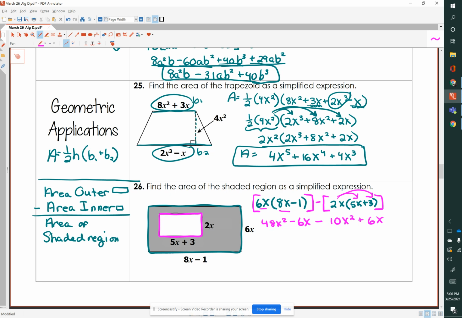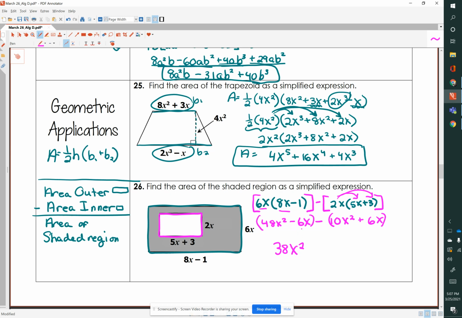We can only subtract like terms, okay? 48x squared minus 10x squared is 38x squared. Let's keep them in parentheses.